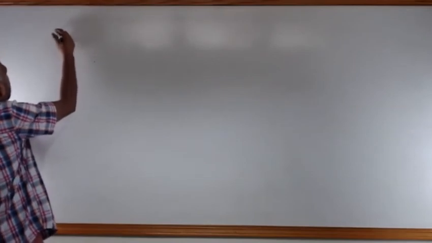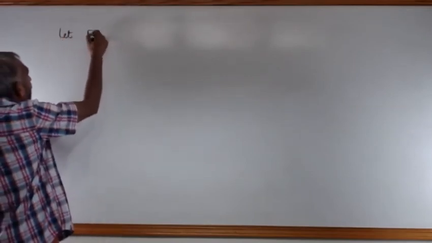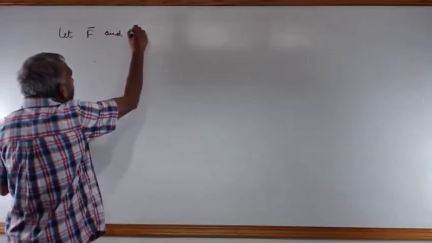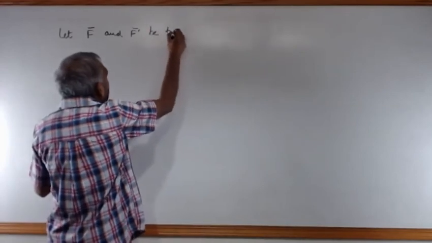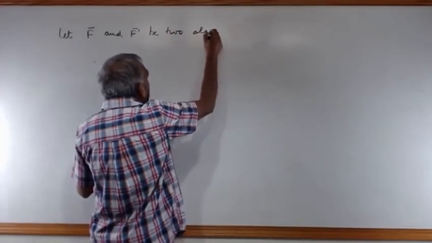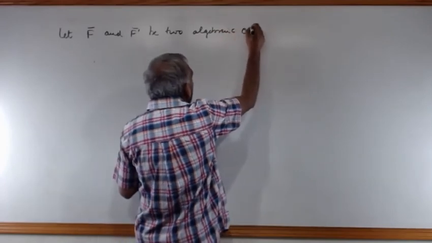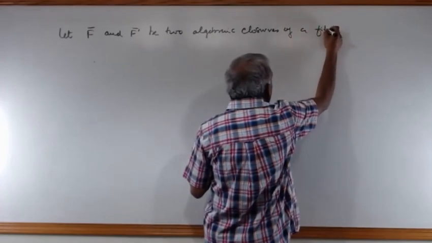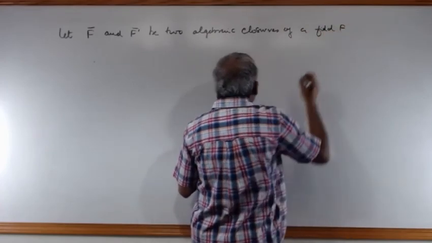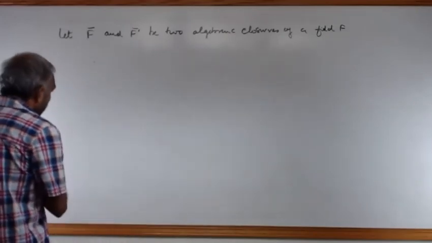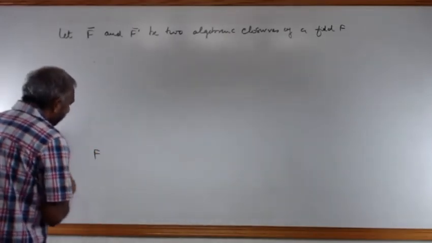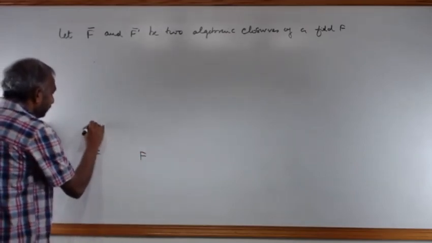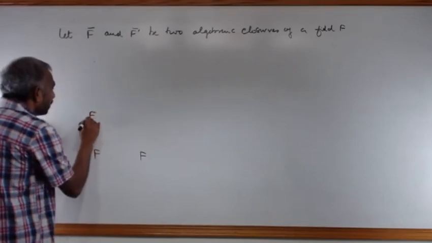Let F closure and F prime closure be two algebraic closures of a field F. So there is a field F, and I'm going to repeat again, two closures of this same field, but we are going to assume that they are different.